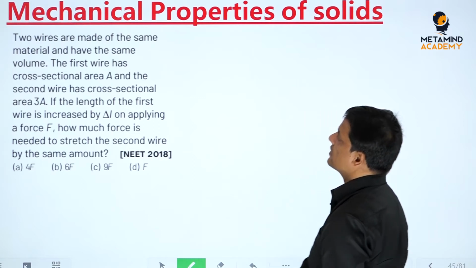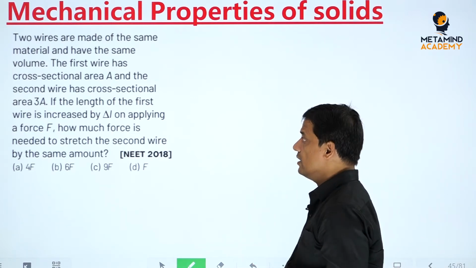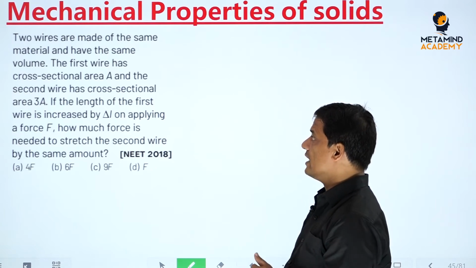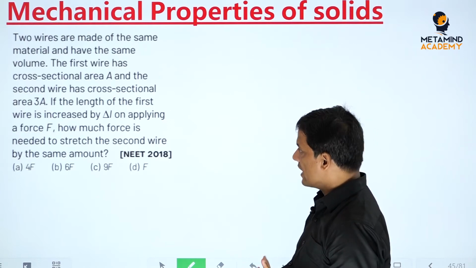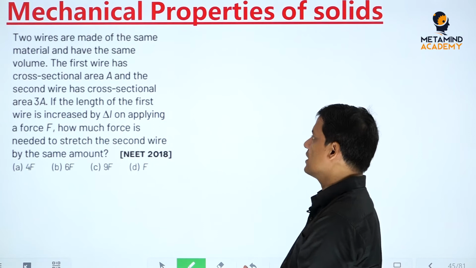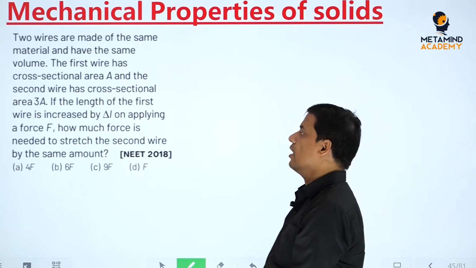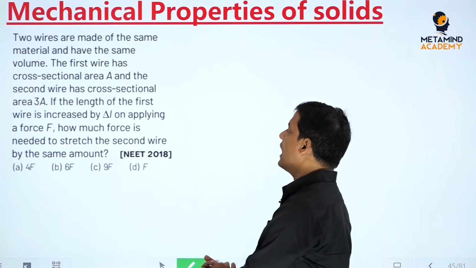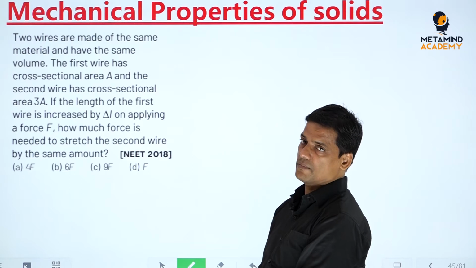Two wires are made of the same material and have the same volume. What is being told? Two wires are made of the same material and same volume. The first wire has cross sectional area A and the second wire has cross sectional area 3A. If the length of the first wire is increased by delta L on applying a force F, how much force is needed to stretch the second wire by the same amount?